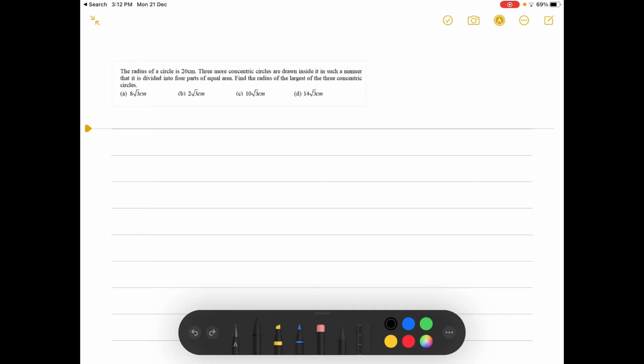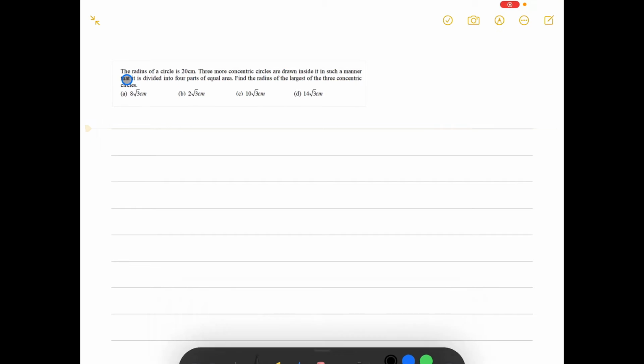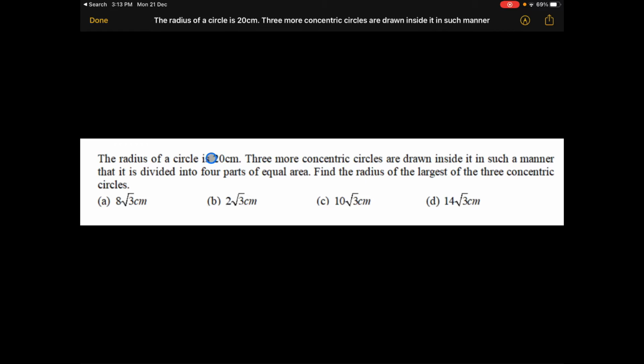Okay, so in this lecture, we will be dealing with a question from mensuration and area. So this question says the radius of a circle is 20 centimeters. Three more concentric circles are drawn inside it in such a manner that it is divided into four parts of equal area.